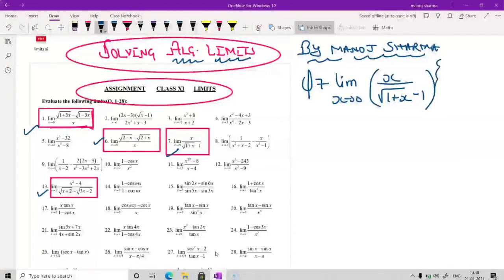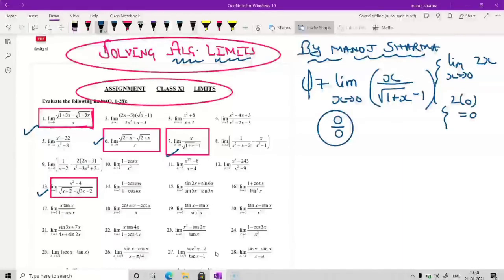Now, as previous knowledge, if we have limit x tends to 0 of 2x, we simply put 0, it is simply 0. But in algebraic limits, if you put this as a direct limit, you will get a format of the type 0 by 0, which is not defined. Now ideally a limit has to be defined.